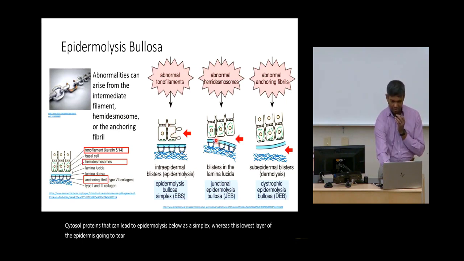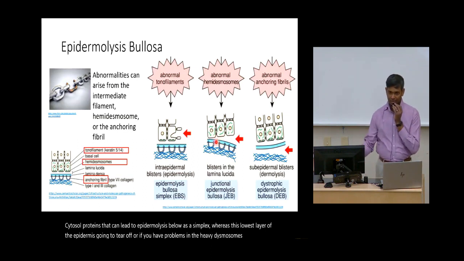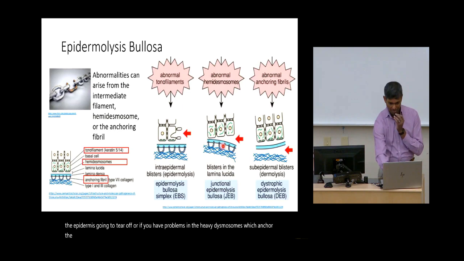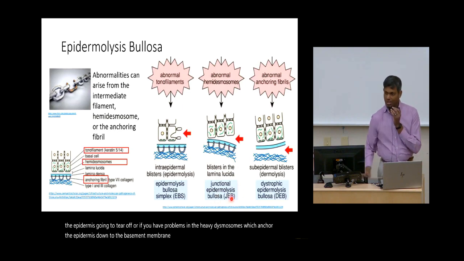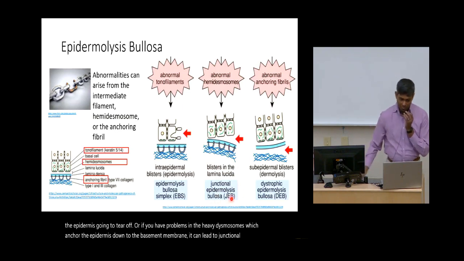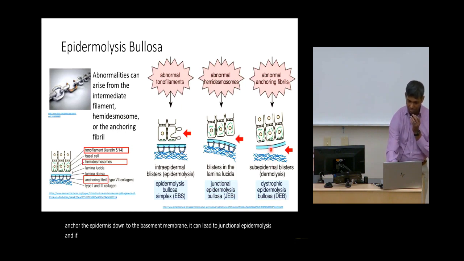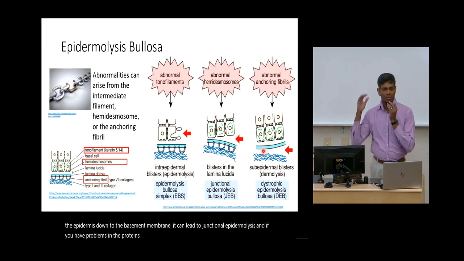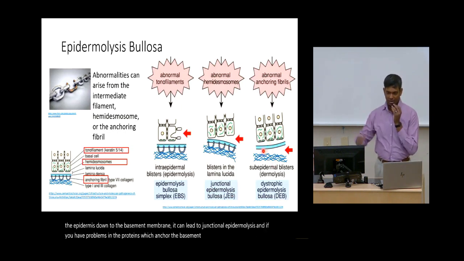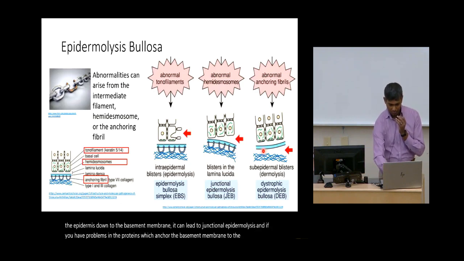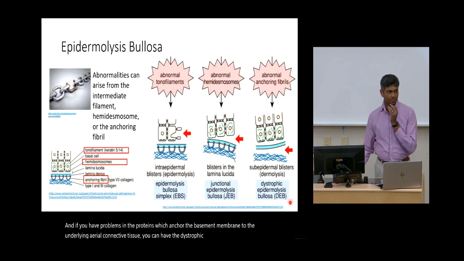Or if you have problems in the hemidesmosomes, which anchor the epidermis down to the basement membrane, it can lead to junctional epidermolysis bullosa. And if you have problems in the proteins which anchor the basement membrane to the underlying areolar connective tissue, you can have dystrophic epidermolysis bullosa.